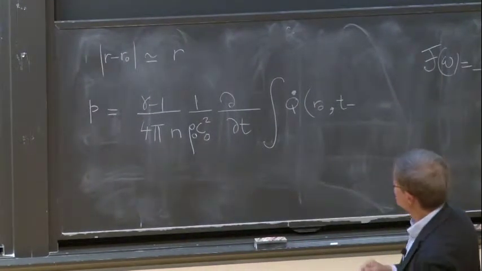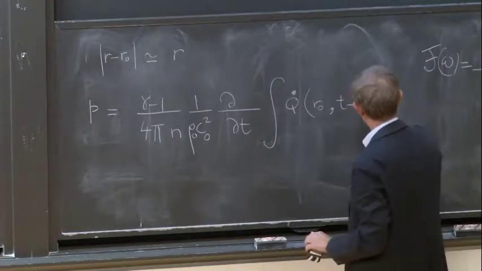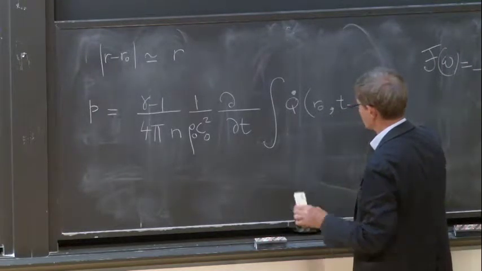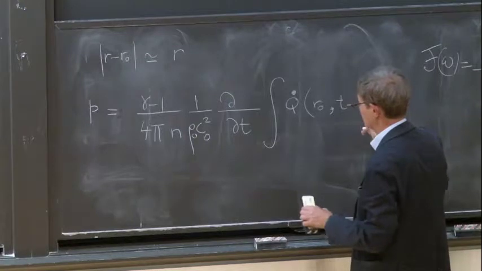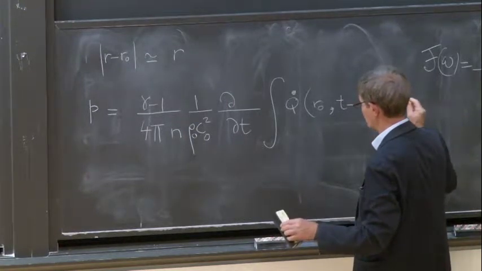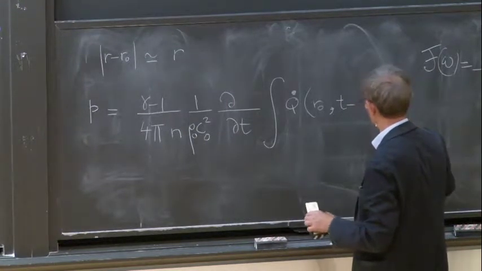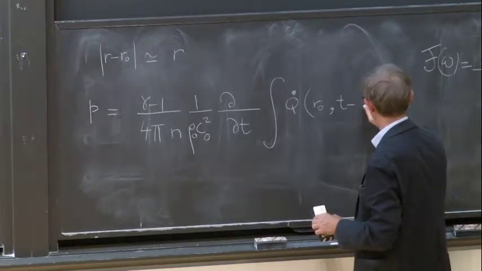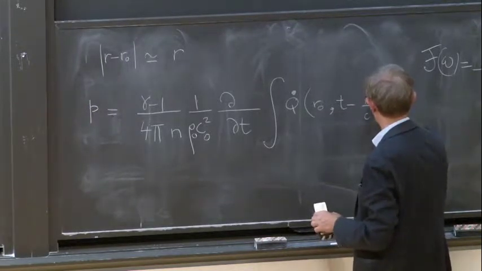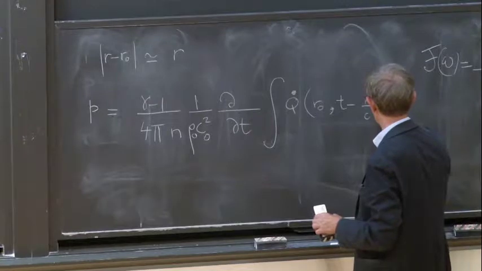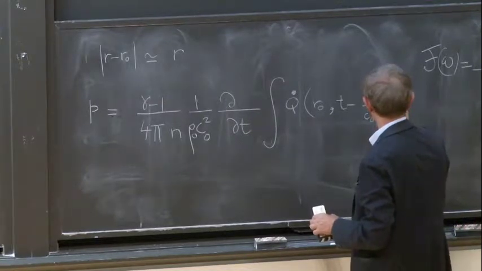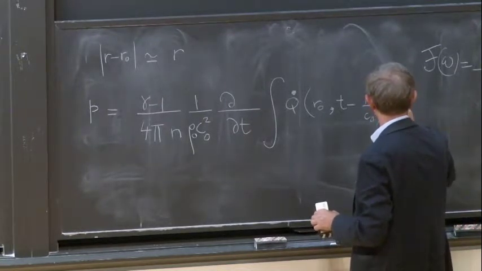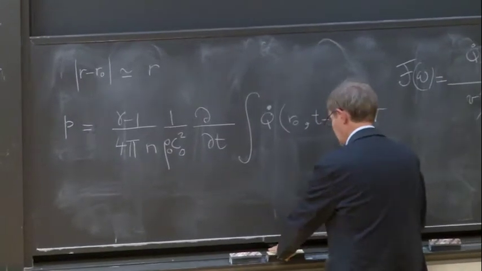the last term we can just assume that the sources are very compact, that the flame is very compact, the wavelength is large compared to the size of the source. Then you can just put here the distance R divided by C0, dV. So finally we got an expression.